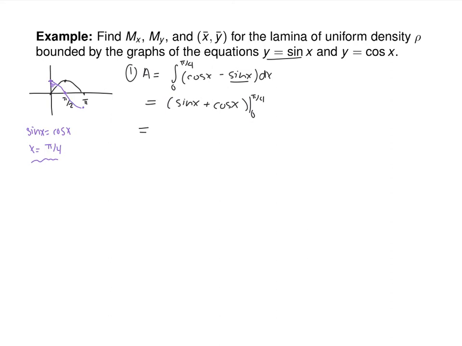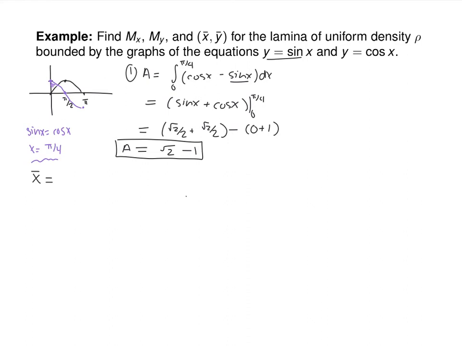And plugging everything in, we get root 2 over 2 plus root 2 over 2 minus, sine of 0 is 0, cosine of 0 is 1. Root 2 over 2 plus root 2 over 2 is root 2 minus 1. So there's the area.